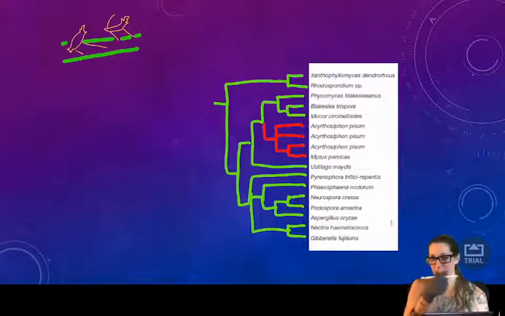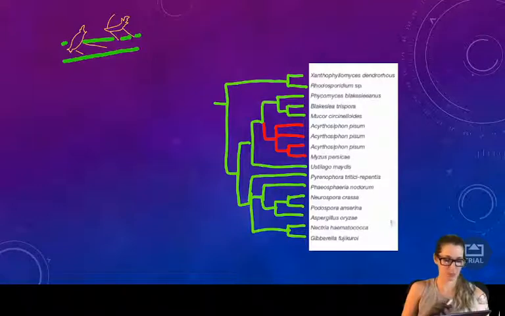Other weirdness that can happen is if you're looking at specific genes. In this case, this super awesome drawing that I did up here in the corner, those are aphids.